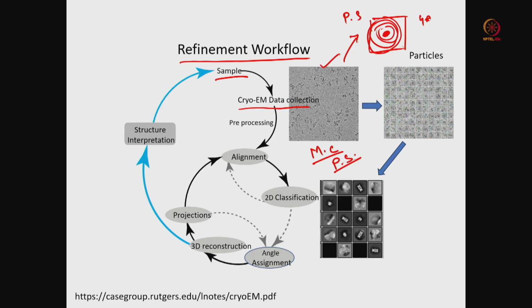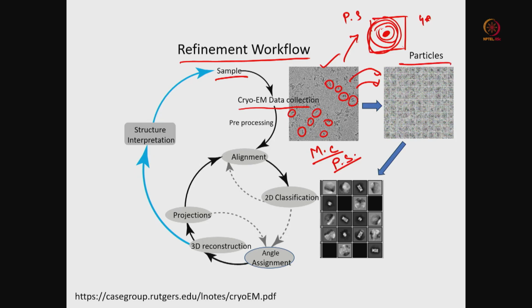As I mentioned, we start with the raw micrograph or image. Then, from the raw image, we pull out individual particles. If we think those are our protein molecules, we pull out all these raw particles and make a stack of all of them.